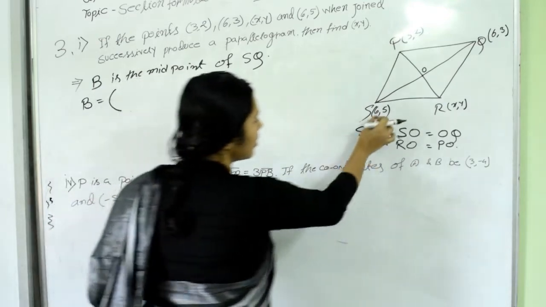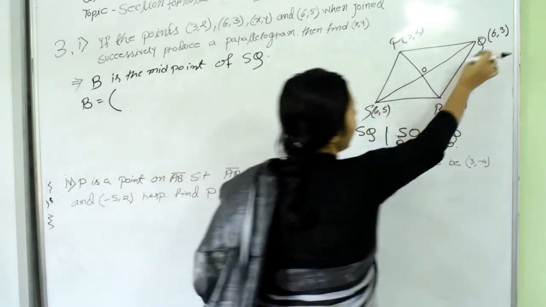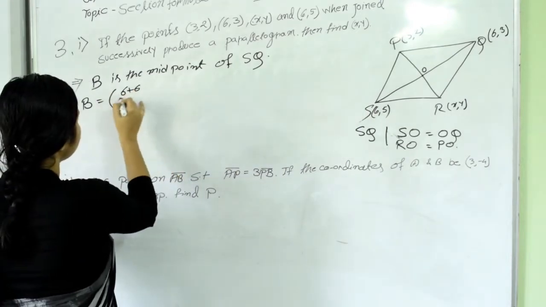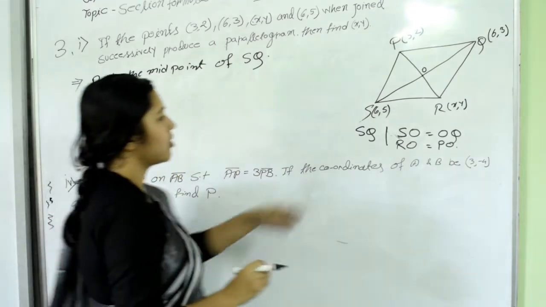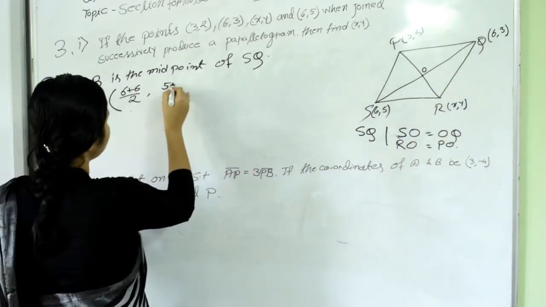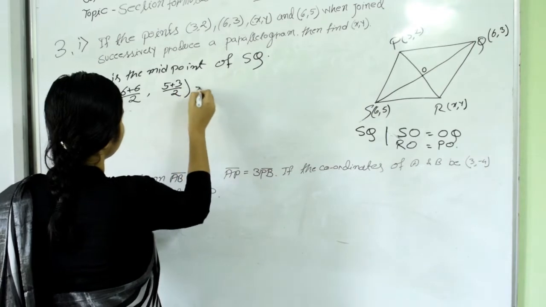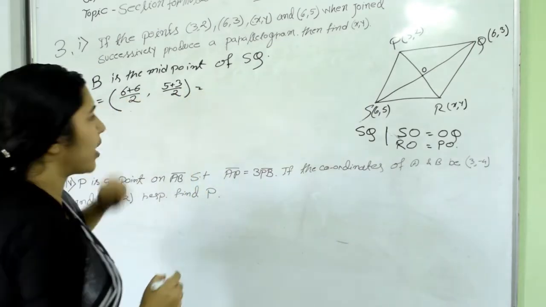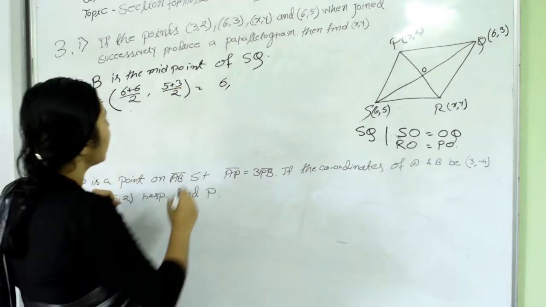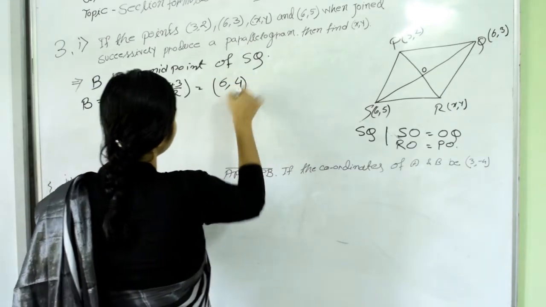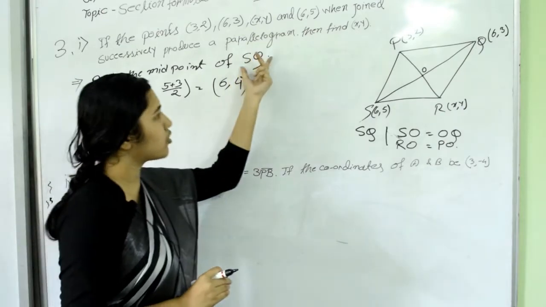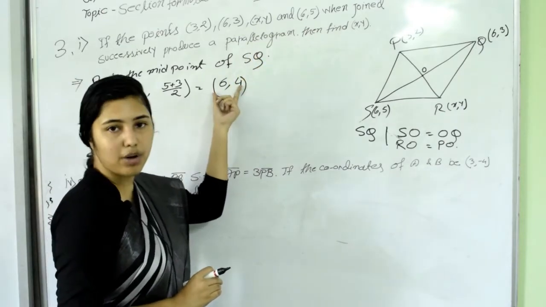Right? So here x1 is 6, x2 is also 6, which means (6 + 6)/2, (5 + 3)/2. 6 plus 6 is 12 by 2 is 6, 5 plus 3 is 8 by 2 is 4. So the coordinate of the point B, which is the midpoint of SQ, is (6, 4).